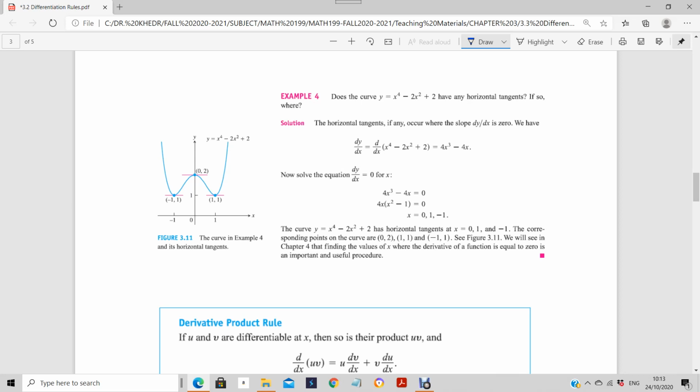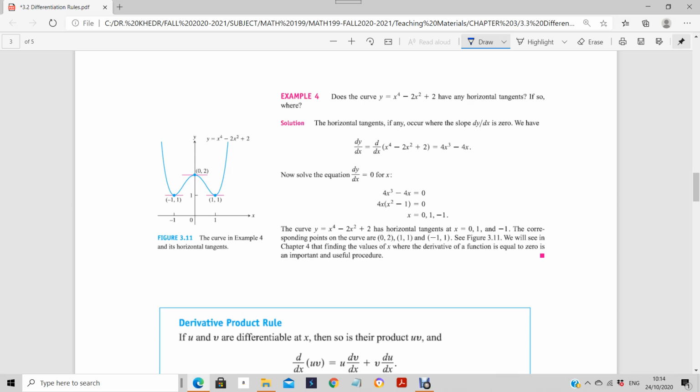If you factorize the left side, you will get 4x in front of a bracket with x squared minus 1. The right side is 0, and the solution of this equation is either x equals 0 or x equals plus or minus 1. So there are three values of x where the derivative of the function equals 0. These values of x are 0, 1, and minus 1.